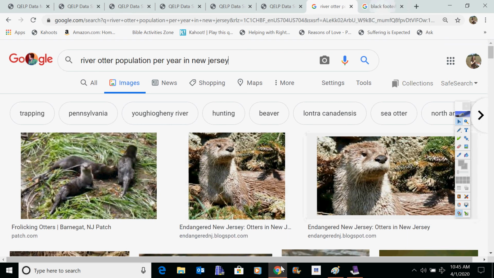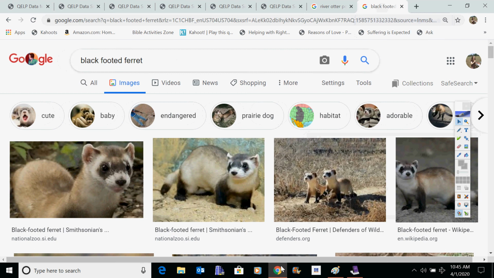And then I remembered a long time ago hearing about the black-footed ferret. Isn't he awful cute? I read an article or two on the black-footed ferret and found that for a while they thought they were extinct, and then they found this really tiny little population, and they began to nurse them back to health, and the population grew and grew and grew until it's about 1,400 that are out living in the wild.